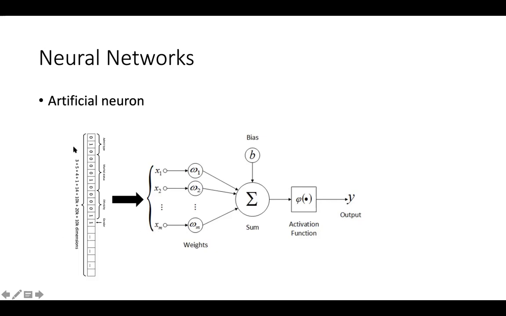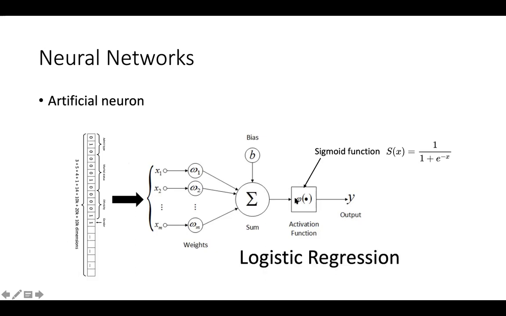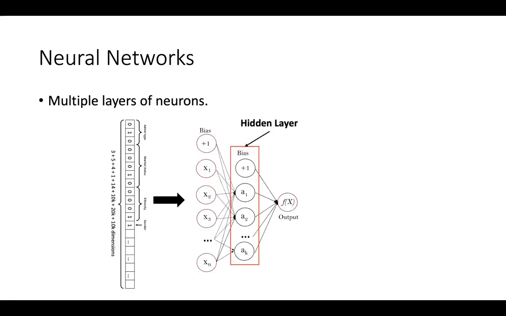If you put a 40,000-dimensional vector into a single neuron that uses a sigmoid activation function, then this is actually just logistic regression. Logistic regression is just a single neuron with a sigmoid activation function. That's the simple analogy between a single neuron and logistic regression.